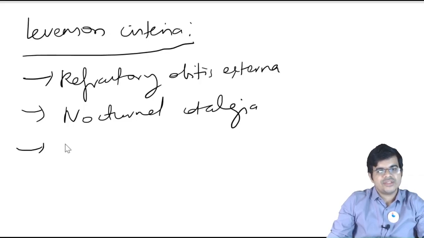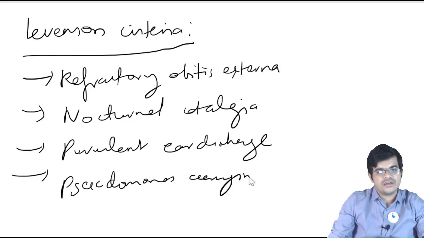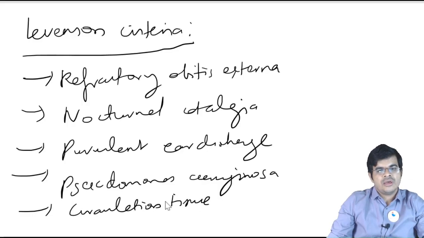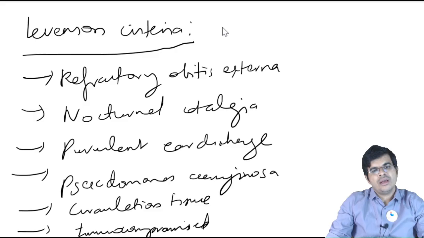On examination you can see that there is purulent ear discharge, and on culture of this ear discharge you will see that it is due to Pseudomonas aeruginosa. And in the ear canal you will be able to see granulation tissue, and of course it is seen in immunocompromised patients, most commonly in people who are having diabetes mellitus.